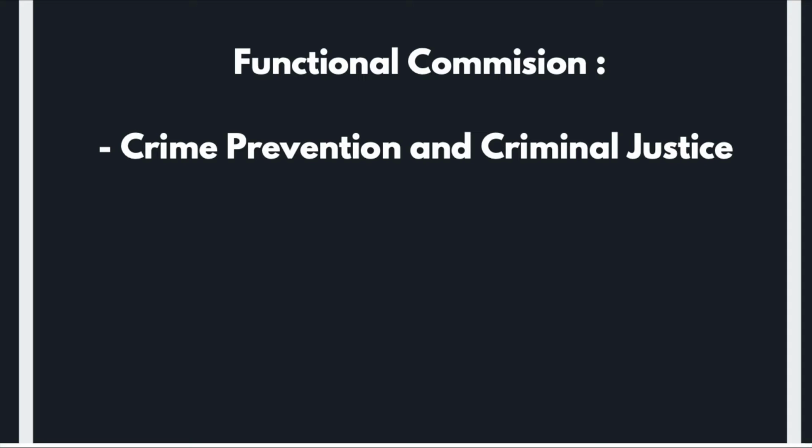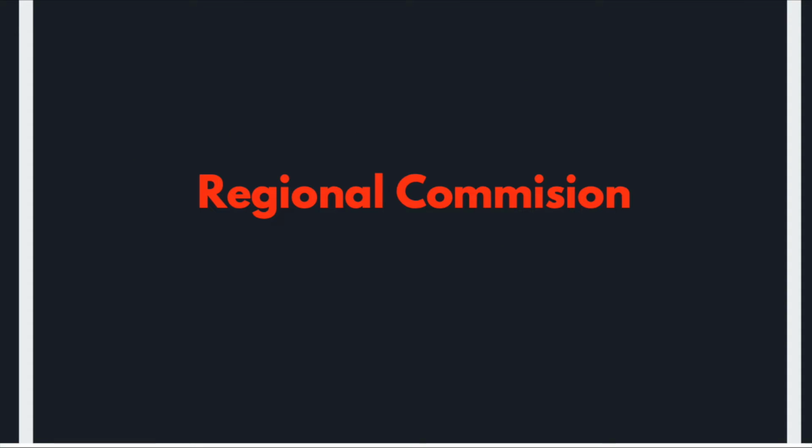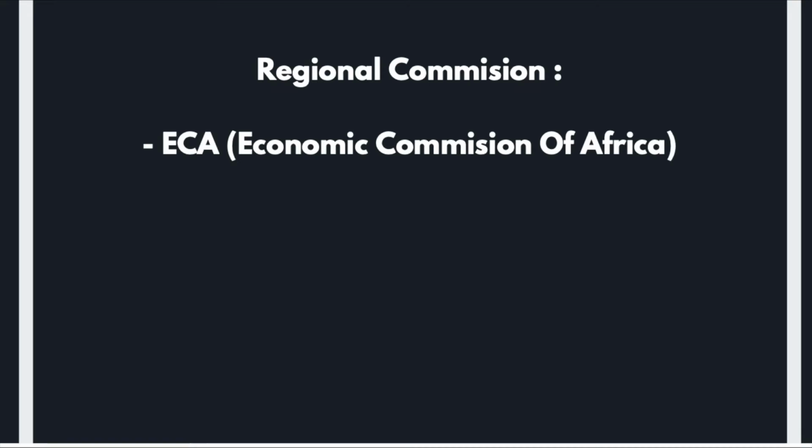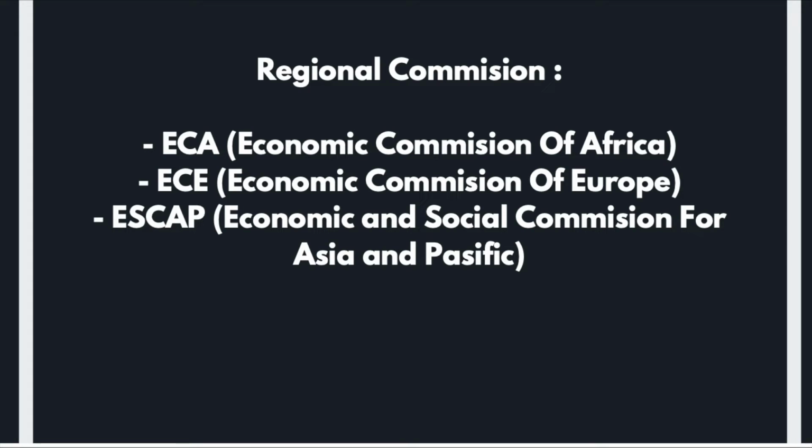Inside the functional commissions, there are crime prevention and criminal justice, the United Nations Forum on Forests, and social development. There are also the regional commissions. Inside the regional commissions, there are ECA, or Economic Commission for Africa, ECE, Economic Commission for Europe, and ESCAP, or Economic and Social Commission for Asia and the Pacific.